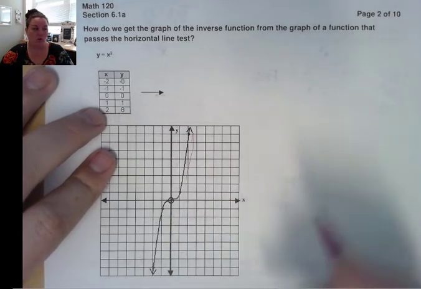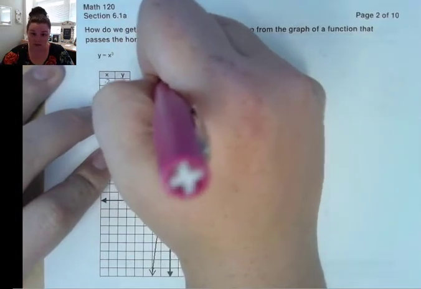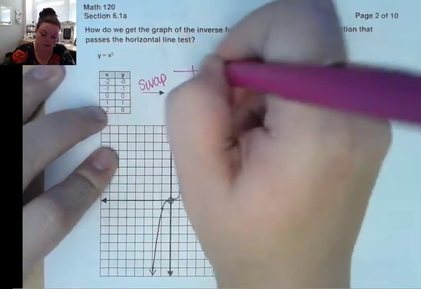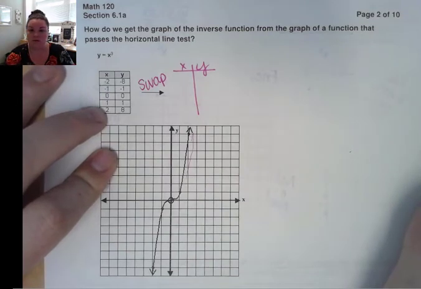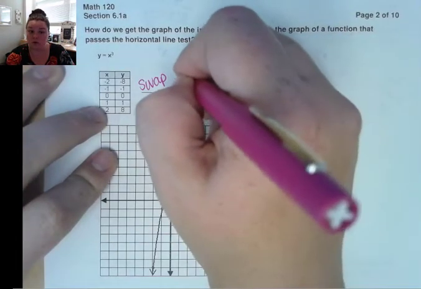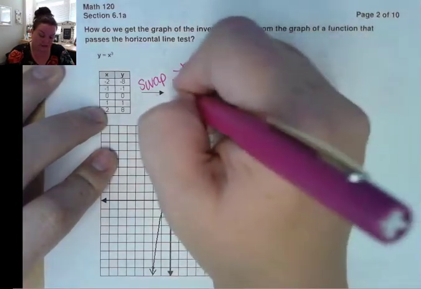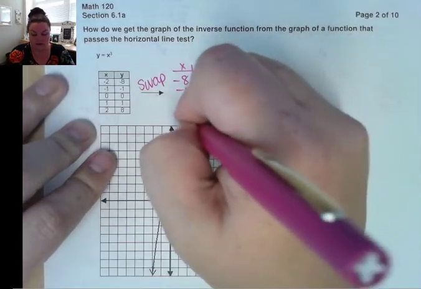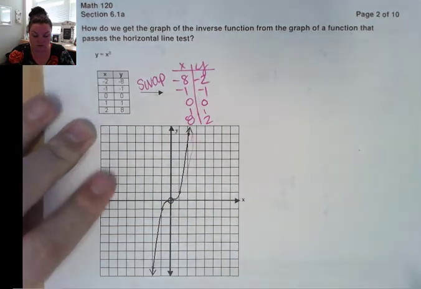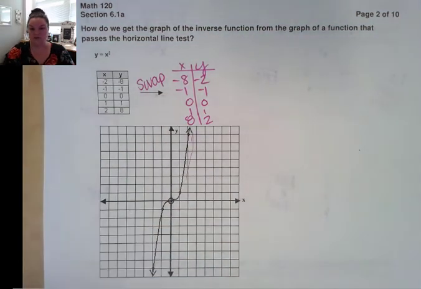So if we want to invert it, what we're going to do is swap all of our input and output values, or swap our ordered pairs. So that would give us (-8, -2), (-1, -1), (0, 0), (1, 1), (8, 2), right?